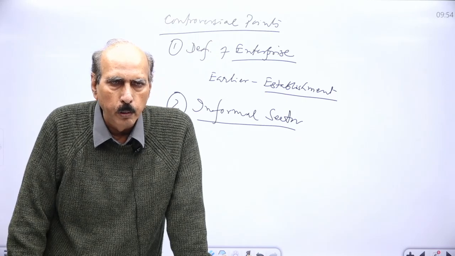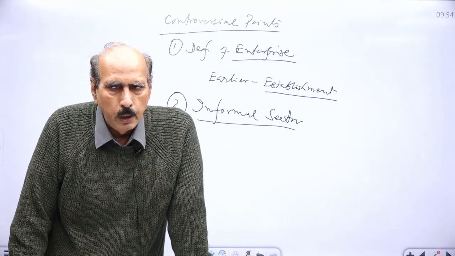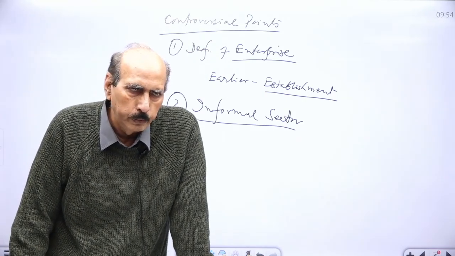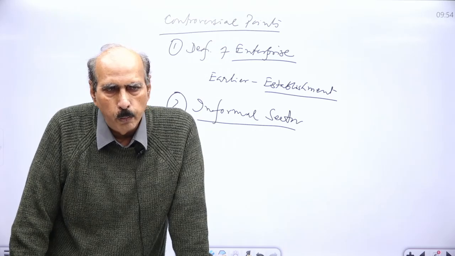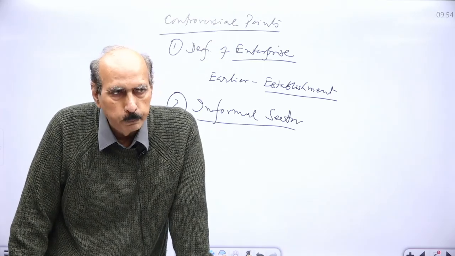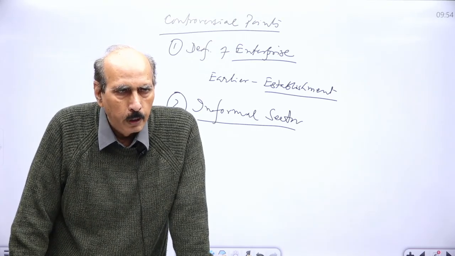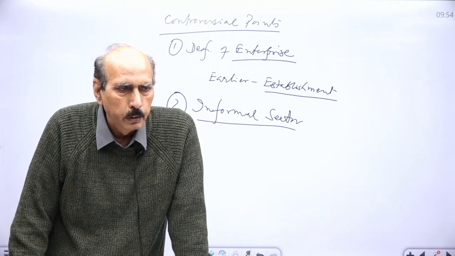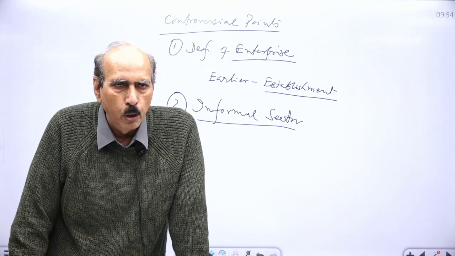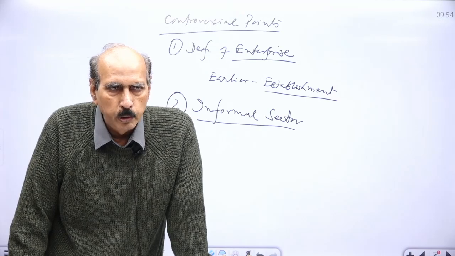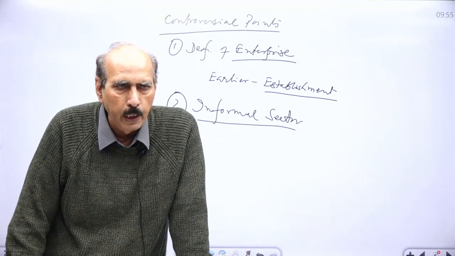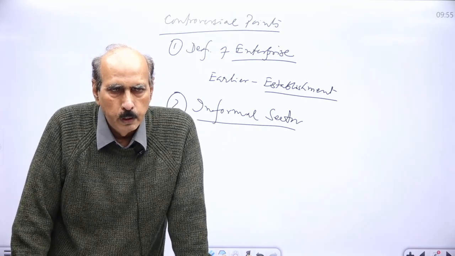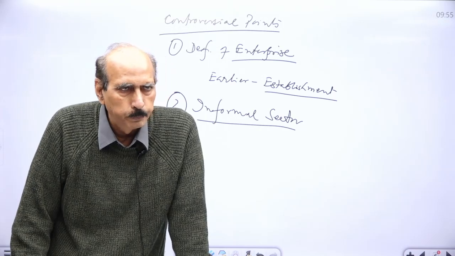Maybe in the industrial manufacturing. Large size of informal sector. 90% is informal, only 10% is formal. And it is very difficult to estimate or assess the value of output of the informal sector because they do not maintain the accurate accounts. Their accounts are not audited.